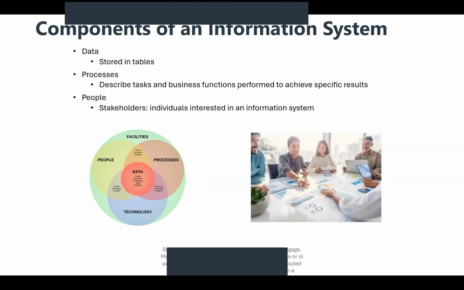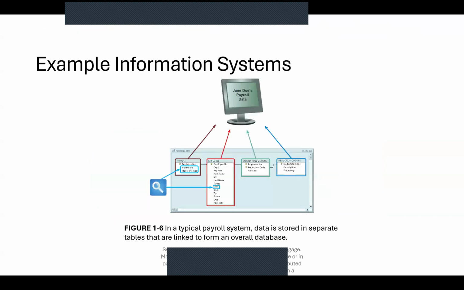So just as the information system consists of people, processes, data, hardware, and software, as an example, consider a typical payroll system wherein data is stored in separate tables.